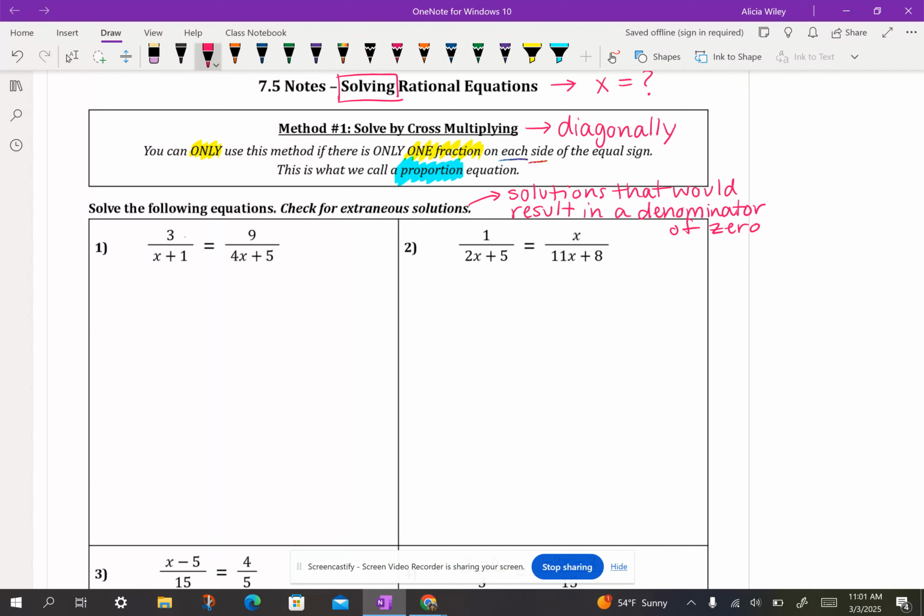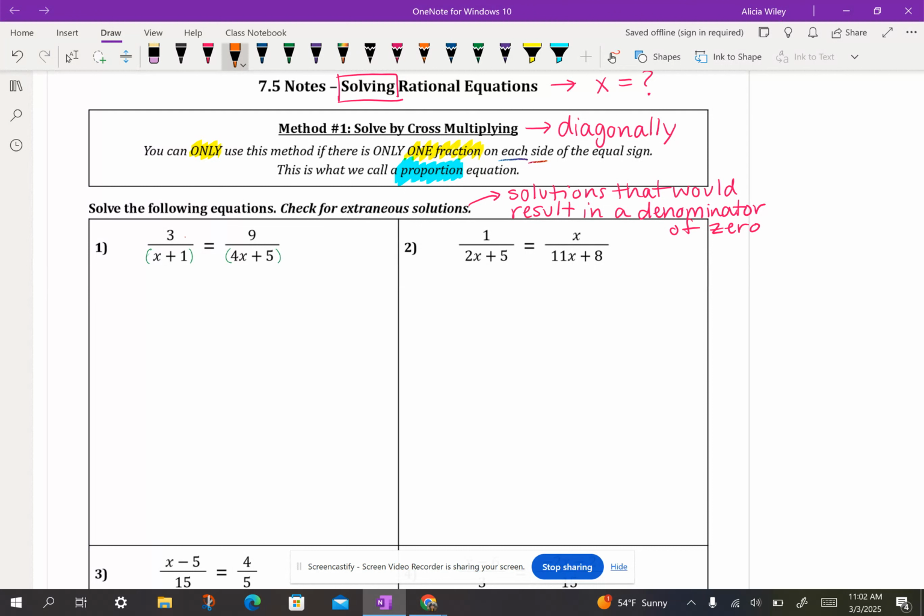Okay, number 1. First thing I'm going to do, and you probably know it, is put parentheses around any of my polynomials that are bigger than one term, so binomials, trinomials, and such. That will help me with my multiplication. Next I notice that there is one fraction on each side, so I'm good to go with cross multiplication.